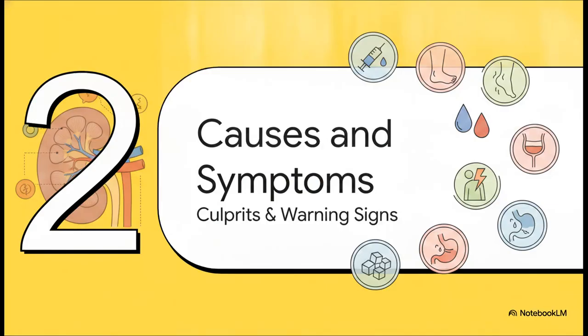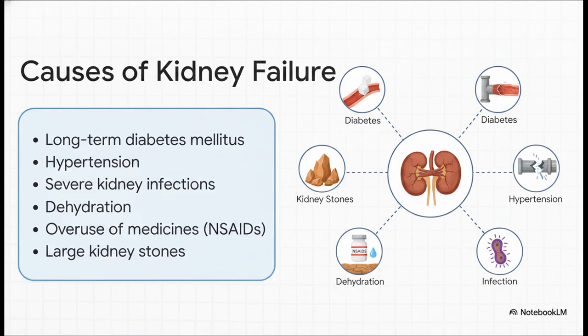Moving right along to Section 2, Causes and Symptoms. Let's look at the culprits and the warning signs. Here are the major causes of kidney failure. This list includes long-term diabetes mellitus, hypertension, which is high blood pressure, severe kidney infections, dehydration, overuse of certain medicines like NSAIDs, and large kidney stones.